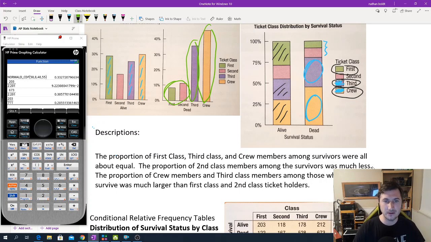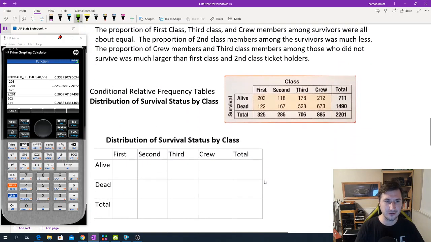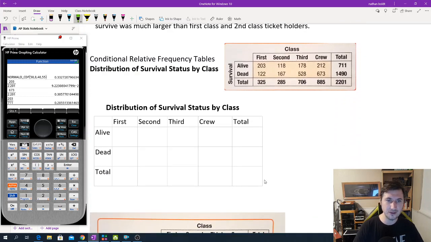Okay. Now, I said we were going to do that whole thing backwards, so now we are going to. We are now going to do a conditional relative frequency table of survival status by class. So that means I'm now going to go by the columns.